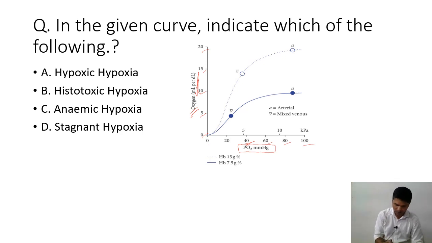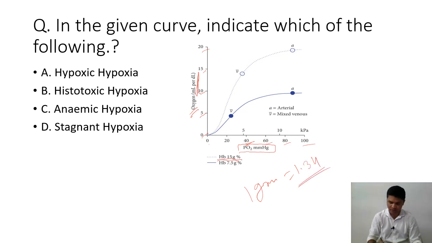If hemoglobin is 15 gram per deciliter, 1 gram of hemoglobin can carry around 1.34 ml of oxygen. So if 15 gram of hemoglobin is there, it will be around 20 ml per deciliter.